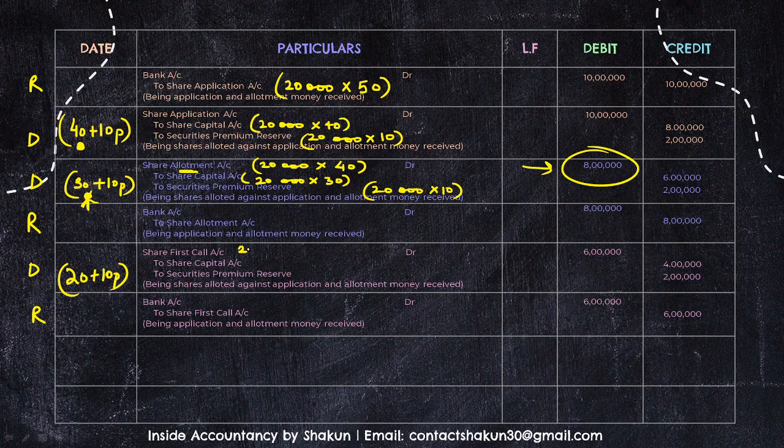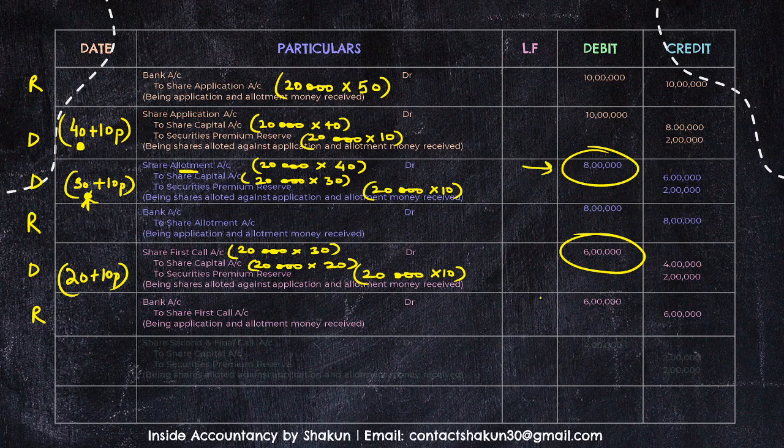Again, the number of shares are 20,000 into the total amount was 30, so into 30, that is 6 lakh. In share capital we will multiply by the respective rate of first call, that is into 20, which is 4 lakh, and premium is at the rate of 10, so 20,000 into 10, that is 2 lakh. Then receiving, I don't need to calculate again. I made the due entry with 6 lakh, so I'm going to receive 6 lakh.